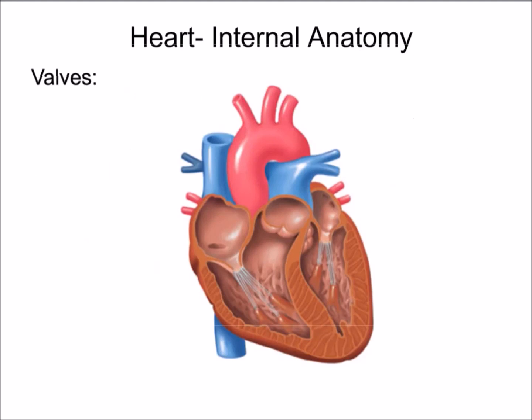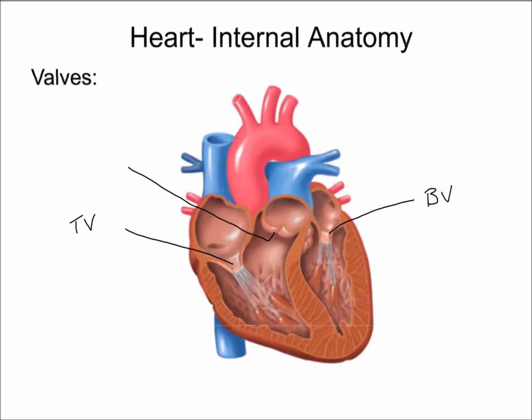So taking a look at the valves and labeling on the diagram, this one here is called the tricuspid valve. The tricuspid valve is found between the right atrium and the right ventricle. This valve here is the bicuspid valve. It's a valve found between the left atrium and left ventricle. Then you have this valve right here.